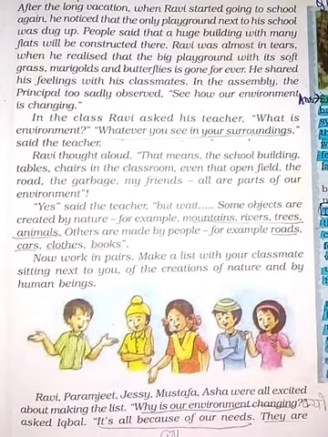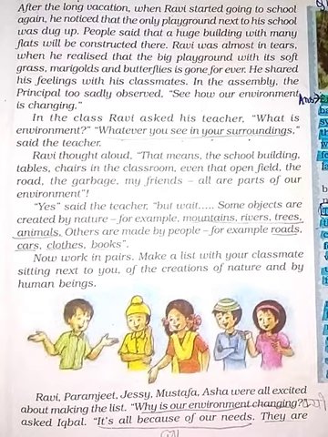"Yes," said the teacher, "but wait, some objects are created by nature. For example, mountains, rivers, trees, and animals. Others are made by people. For example, roads, cars, clothes, and books.